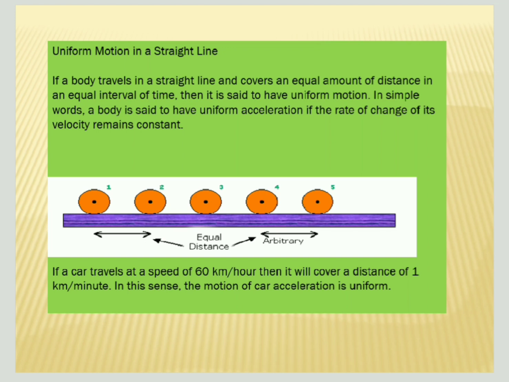What is velocity? It is the rate of change of displacement of any object or body with respect to time. Then here you can see if a car travels at a speed of 60 km per hour, then it will cover a distance of 1 km per minute. In this sense, the motion of the car is uniform.